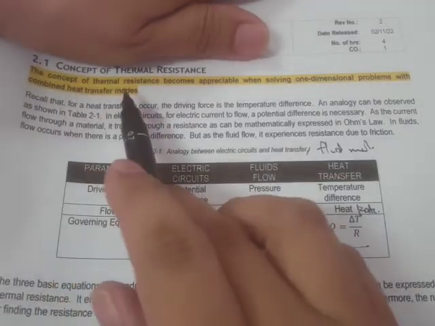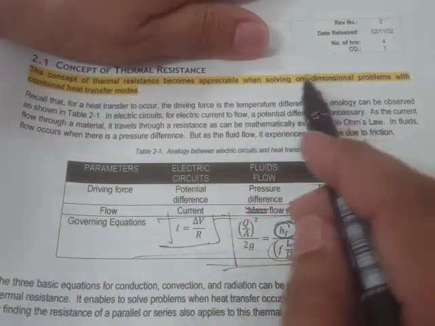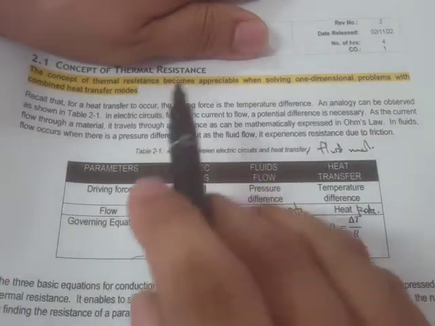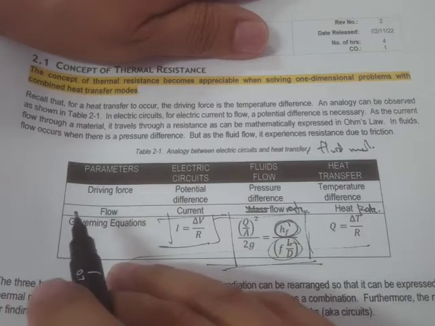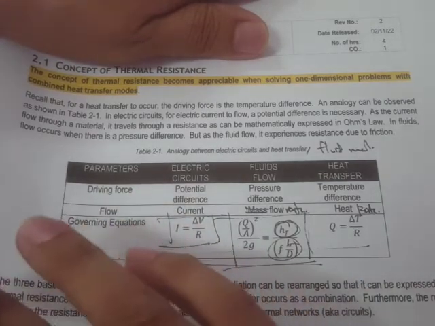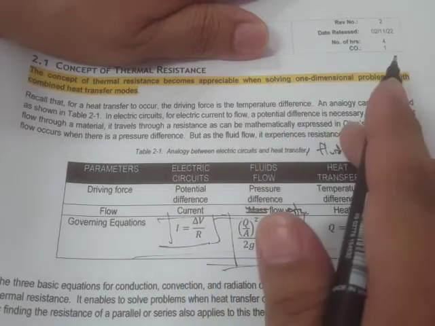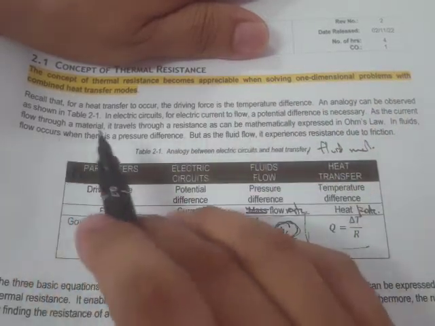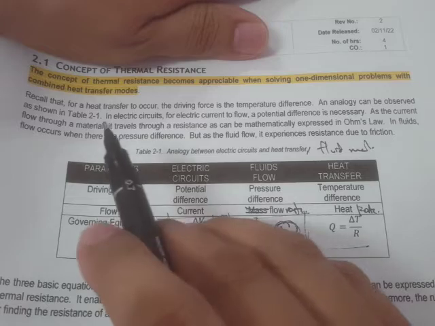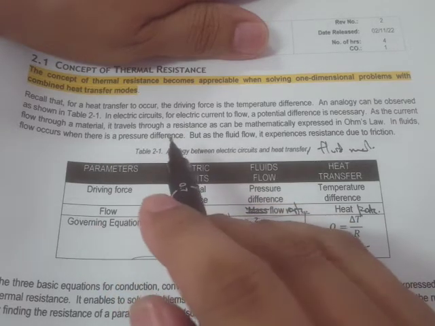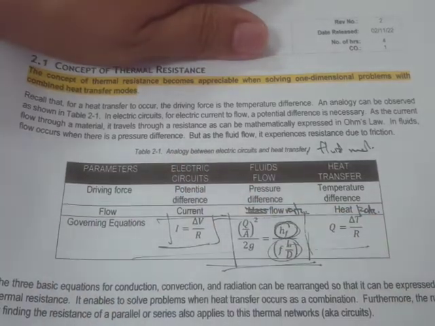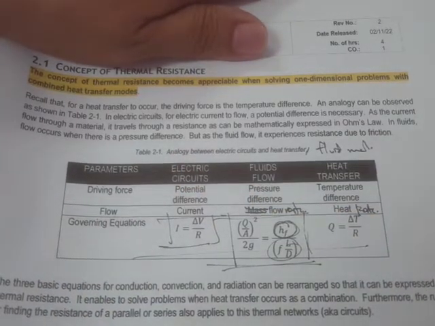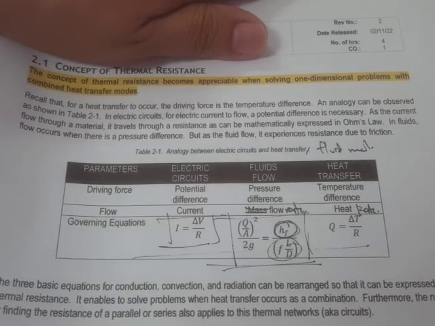Again, one-dimensional means that the heat flow is only along one direction, let's say along the X only, or along the Y, or along the Z. As long as it is one-dimensional, we can use this thermal resistance, and of course, it should be noted that this is only for steady-state problems and without heat generation. So for now, let's just consider the basic problems regarding these combined modes of heat transfer.